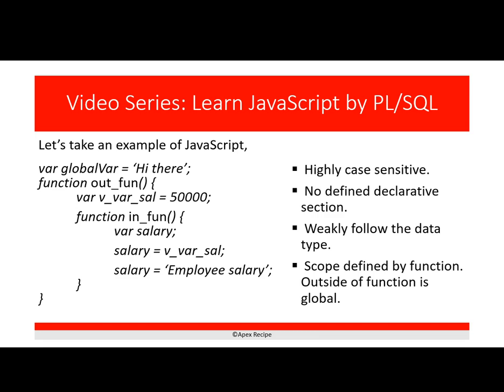And JavaScript scope is defined by function. Outside of a function is global. In JavaScript syntax, if you want to declare a variable, you must write var first.